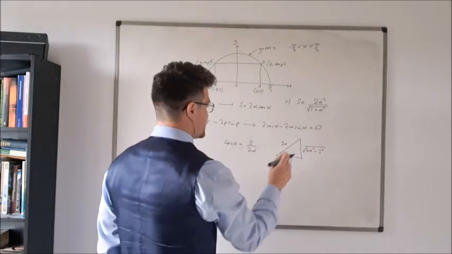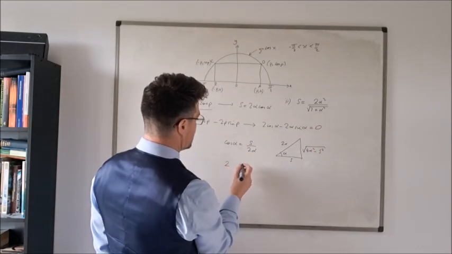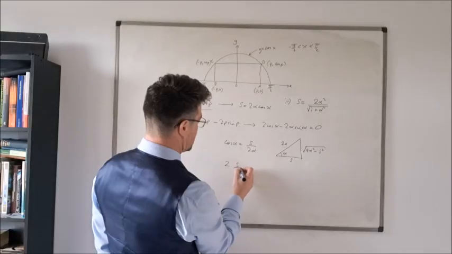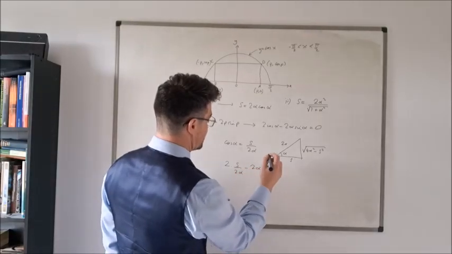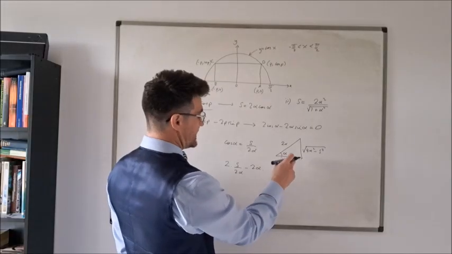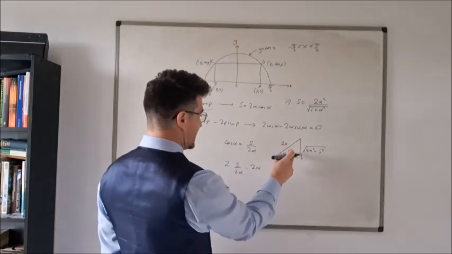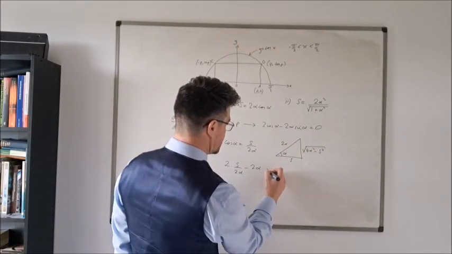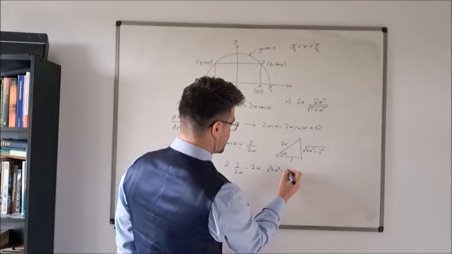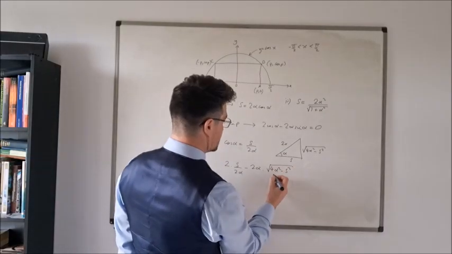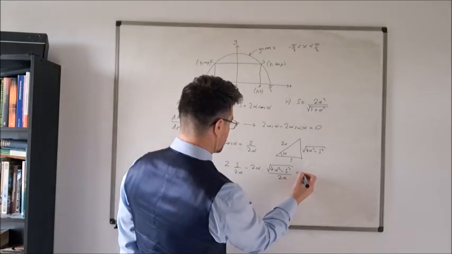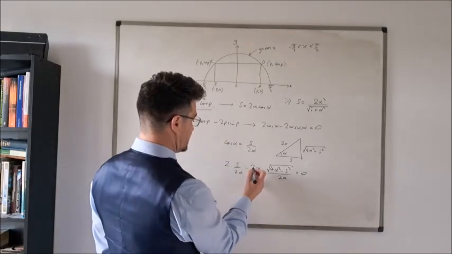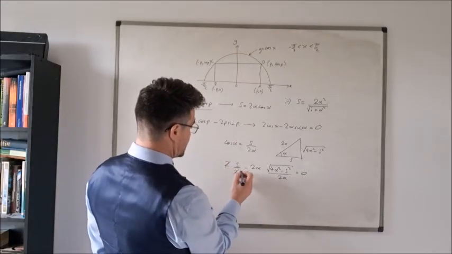So therefore, coming back to this, what do I get? I get 2 cos alpha, which is s over 2 alpha, minus 2 alpha times sine alpha. Now sine alpha is opposite over hypotenuse, the square root of 4 alpha squared minus s squared over 2 alpha, and that's got to be equal to 0. Okay, so cancel.